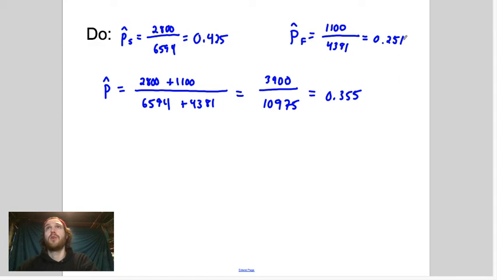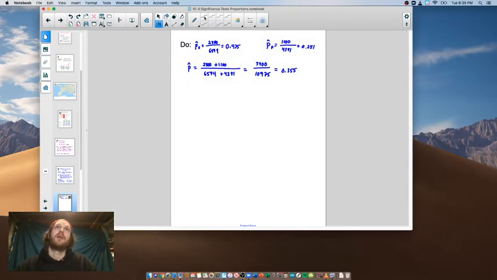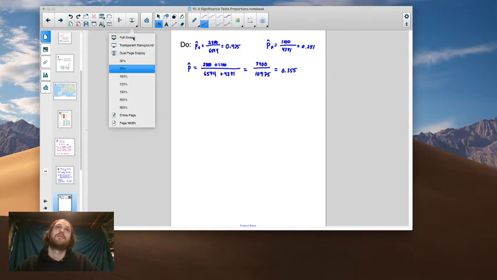We'll use these two as well, but we use these two in the numerator, and we'll use this in the denominator for our standardized test statistic. I'm going to switch colors and use purple here.